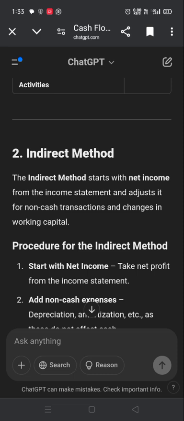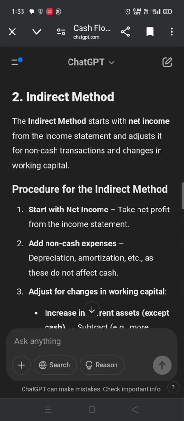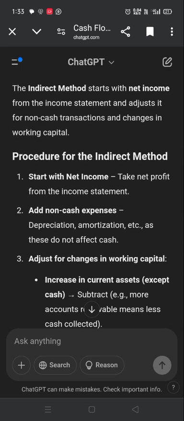The indirect method starts from net income from the income statement and adjusts for non-cash transactions and changes in working capital. Procedure for the indirect method: start with net income. Take net profit from the income statement.